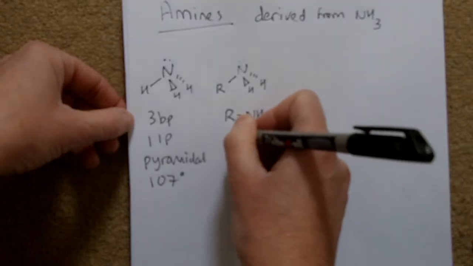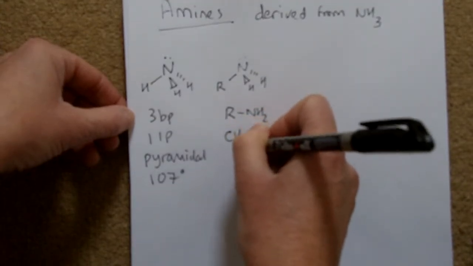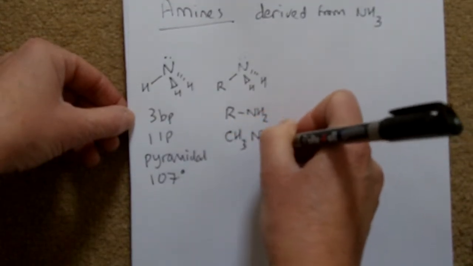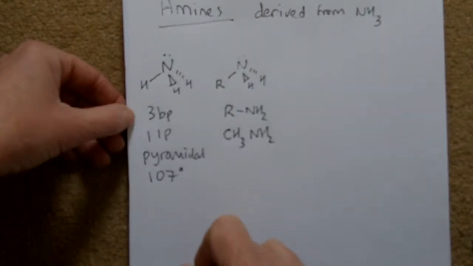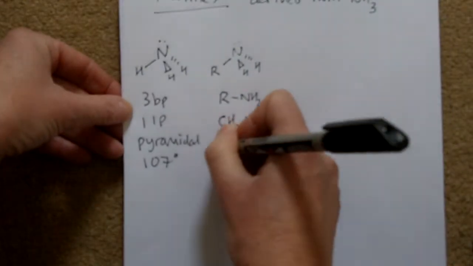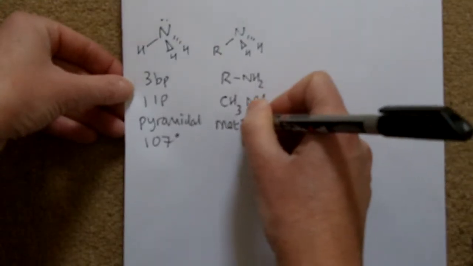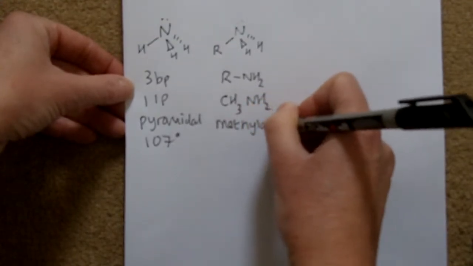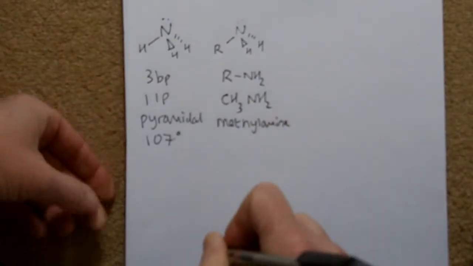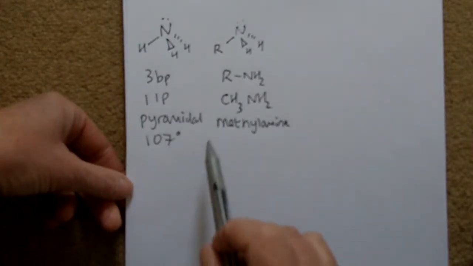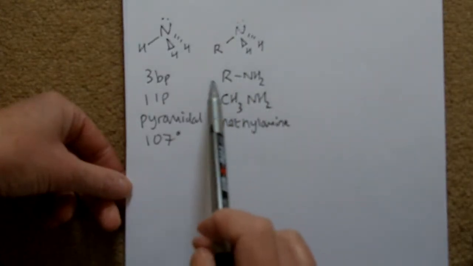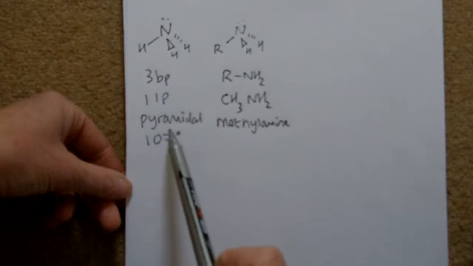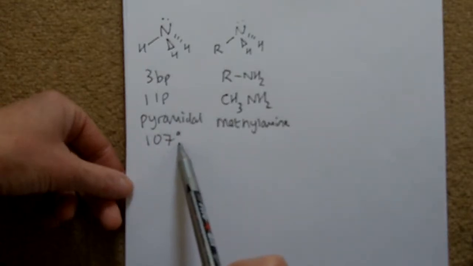If R was methyl, for example, that is called methylamine. But the bond angle is still going to be the same: 3 bond pairs, 1 lone pair, pyramidal, 107 degrees.